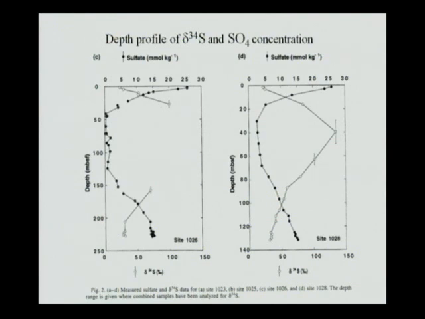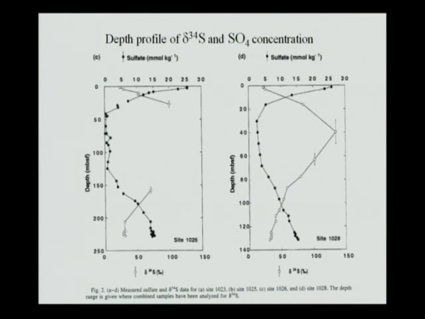The isotopes. And here, by combining several samples together, there is a value of about 130 per mil, which at the time was the highest value reported in sediments.